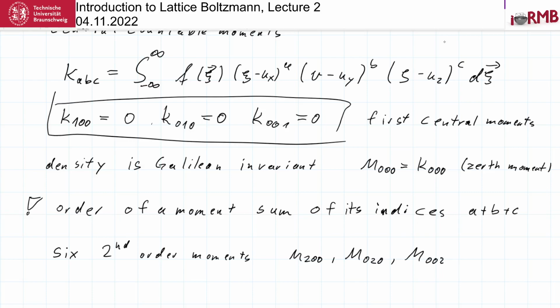M020, M002, so these are second order moments, and then we have mixed second order moments: M110, M101, and M011. So we got 6 of them. And of course, we have all of them also in terms of central moments, yeah? Oh, when I asked you, I've already written it down.